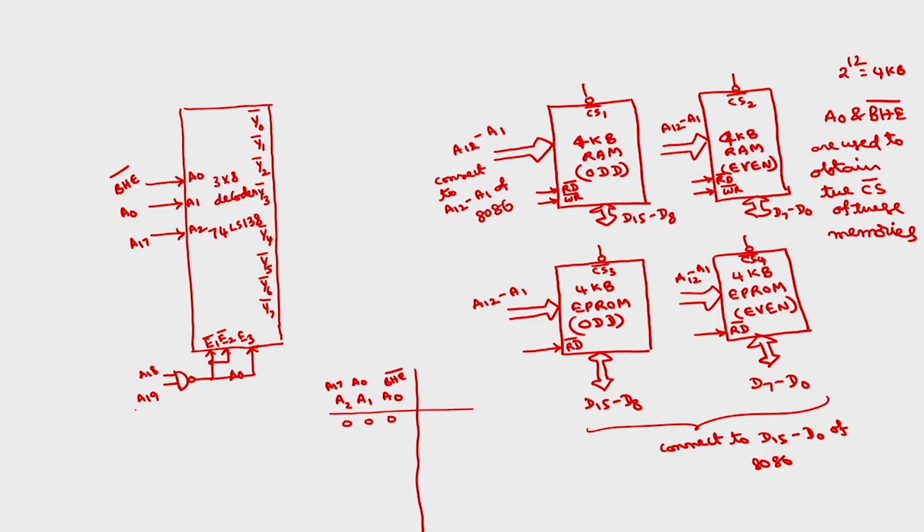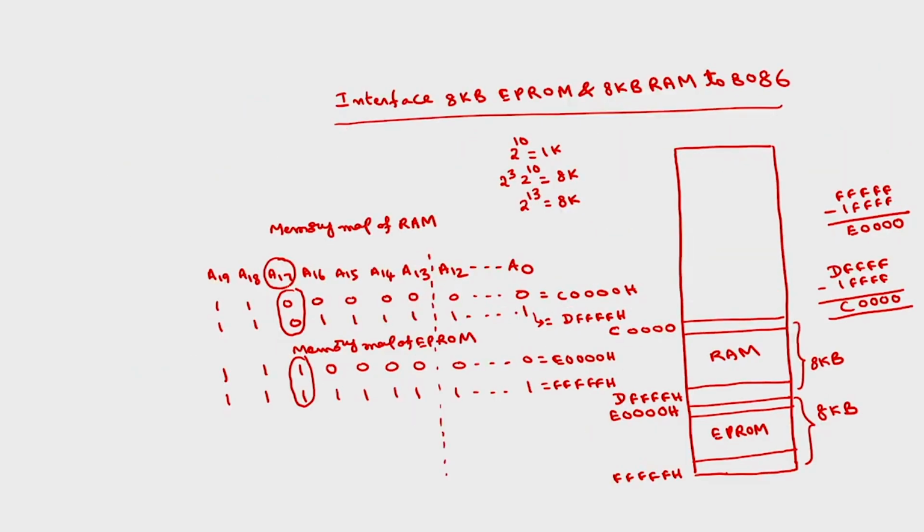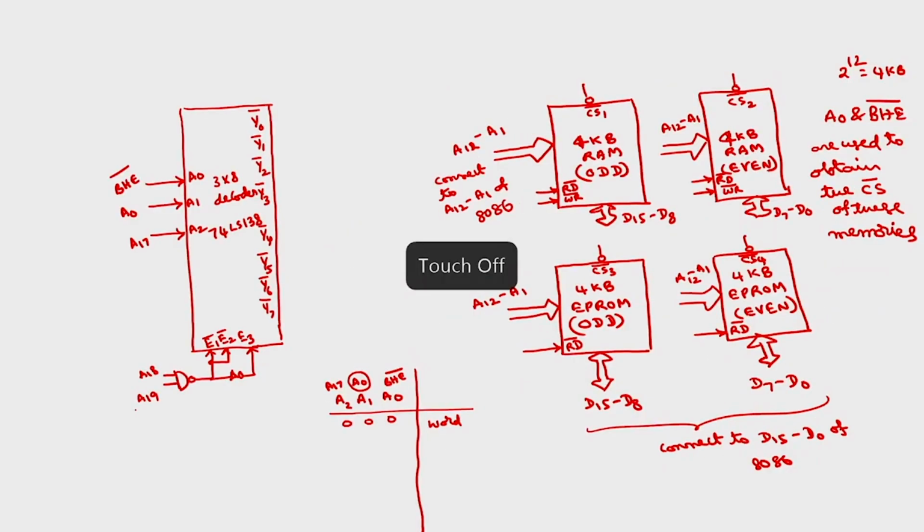If it is 0, 0, 0, what is the operation? A0 is 0 and BHE bar is 0, which means it is a word operation. And because A17 is 0 in case of RAM and A17 is 1 in case of EPROM, 0 means RAM and 1 means EPROM.